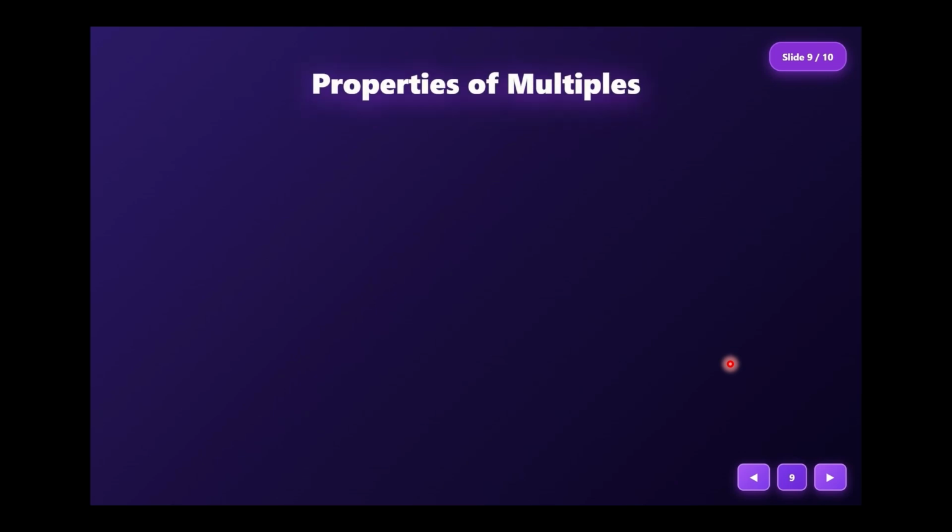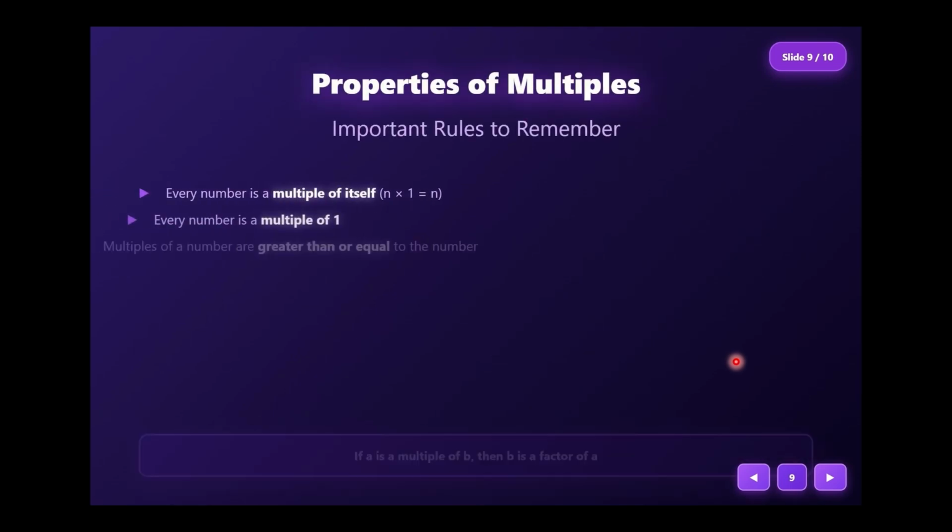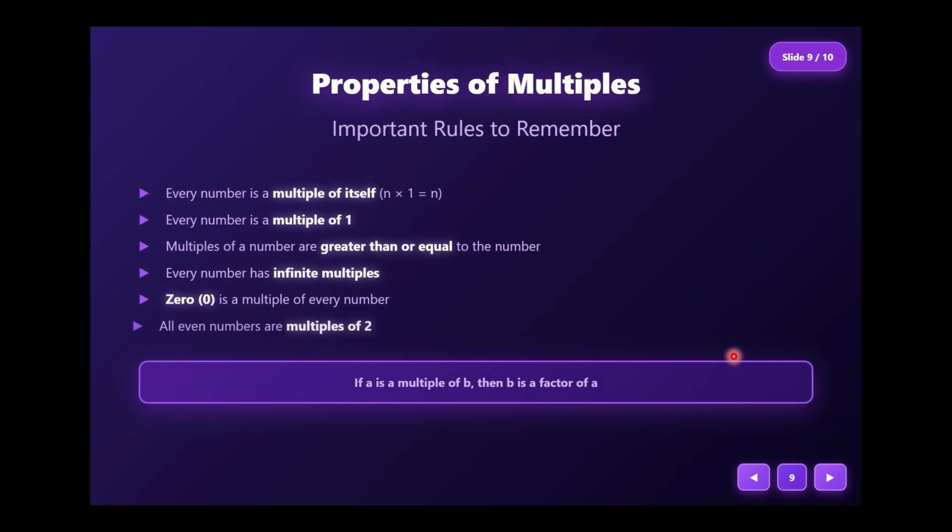Before we wrap up, let me share 6 powerful properties of multiples that will make you sound like a math genius. Every number is a multiple of itself. 5 is a multiple of 5. Every number is a multiple of 1 because any number times 1 equals that number. Multiples are always greater than or equal to the original number.